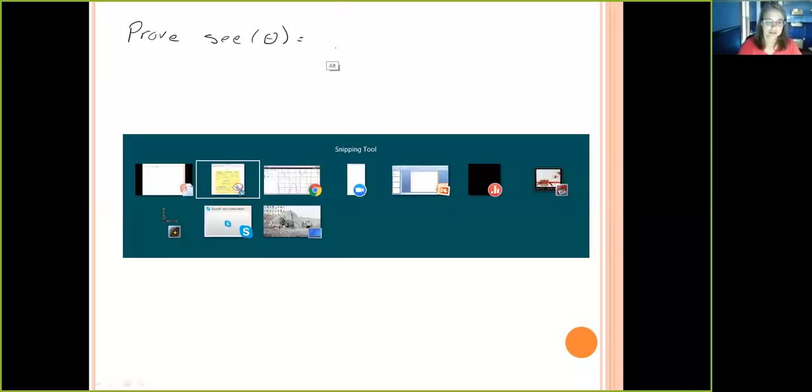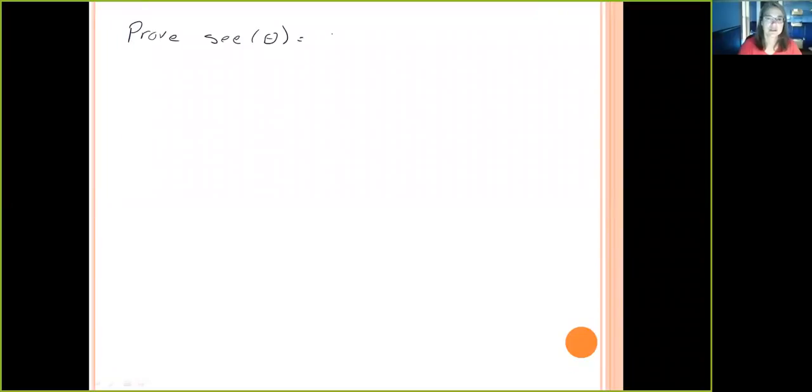It isn't hard to do. We're going to prove that secant of any angle is equal to the cosecant of pi over 2 minus that angle.